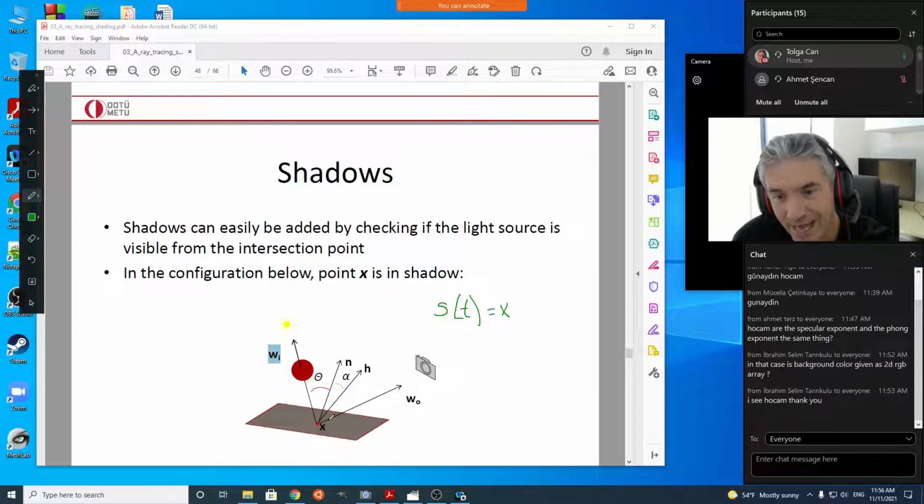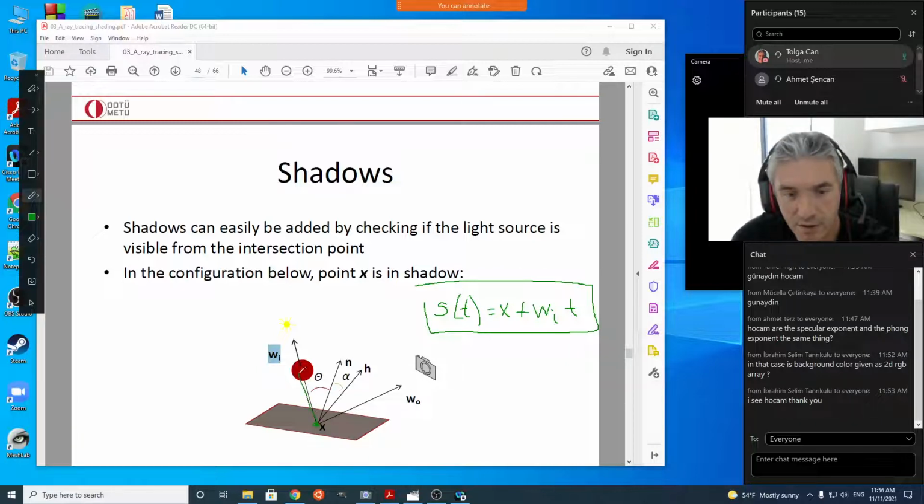It starts at x plus W_i t. Look at this ray equation that starts from here and goes to the light. Now, all I need to do is the same thing again.